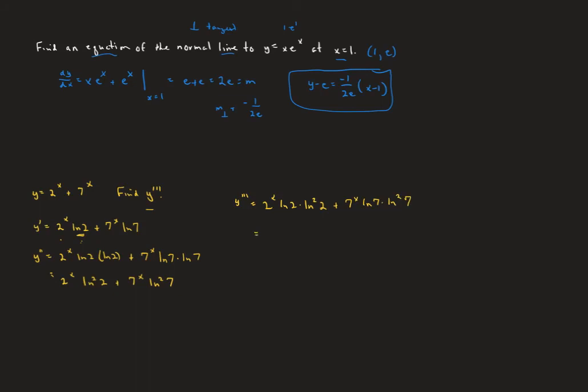So combining those natural log of 2's and natural log of 7's, we're going to get, strangely enough, 2 to the x natural log of 2 cubed plus 7 to the x times the natural log of 7 cubed, or natural log cubed of 7. All right, very good. We'll leave it there.